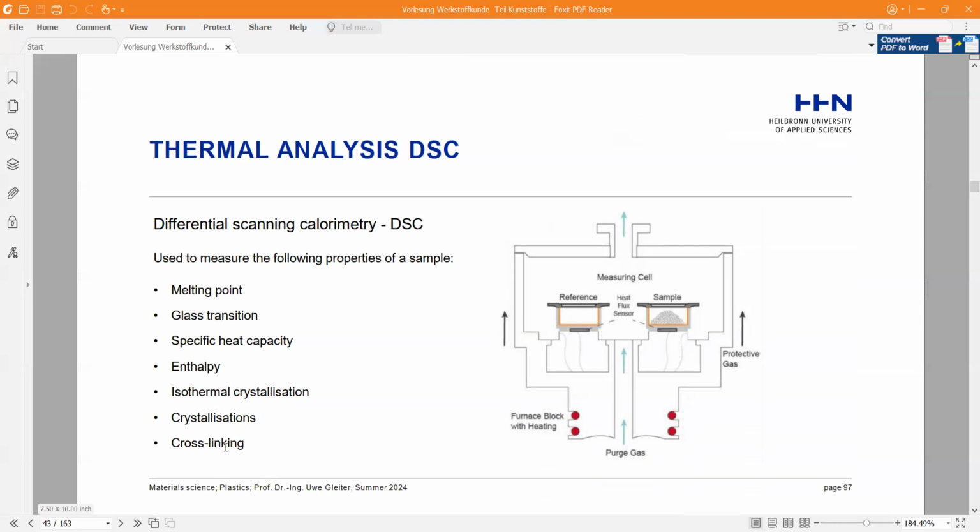crystallization, cross-linking. Here we have a measuring cell with a reference and sample. So the heat flux sensors, furnace block with heating, purge gas and protective gas.